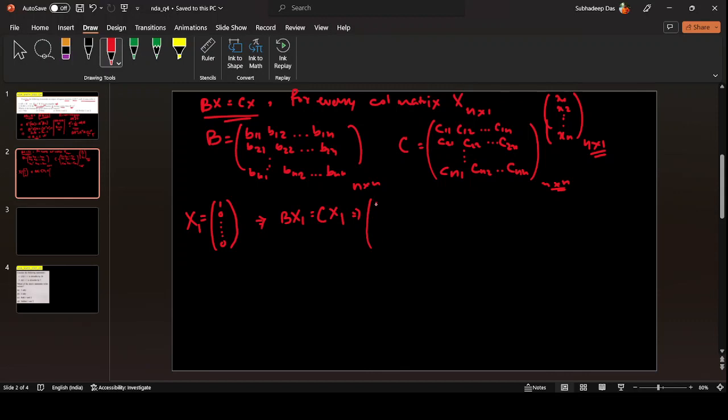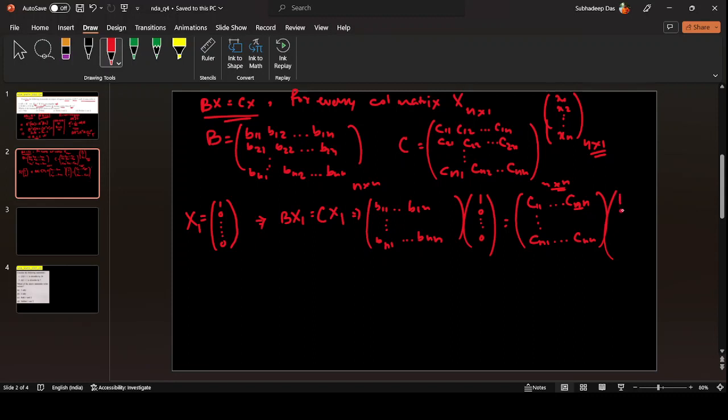So we just write it down, B11 up to B1n, and so on, times the column 1, 0, 0, up to n terms, equals the same with C, that is Cx1, C11, C1n, Cn1, Cnn, times 1, 0, 0, up to n.